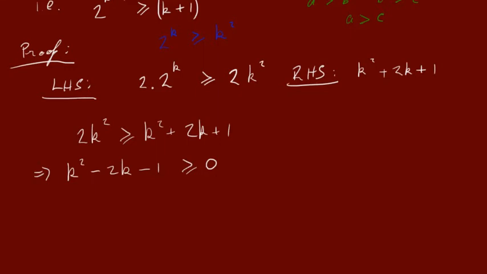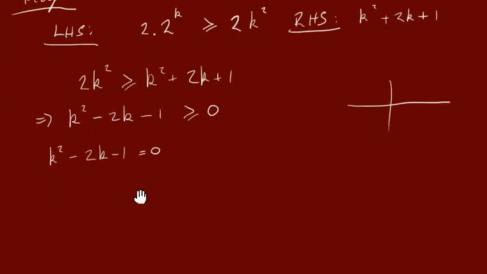So let's do k squared minus 2k minus 1 equal to 0. I just want to see where this cuts the x-axis. If I try to do this using brackets, it's not really going to work. So to solve this for k, I use the minus b formula.